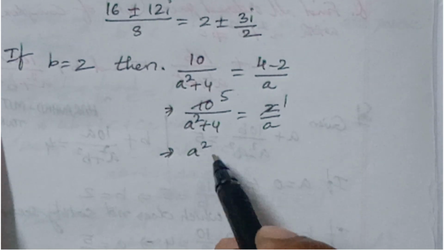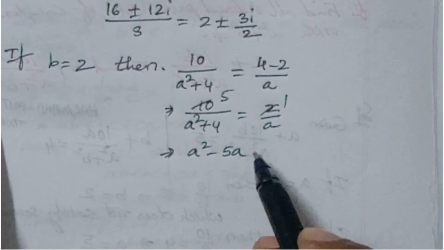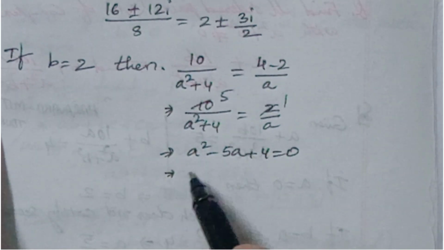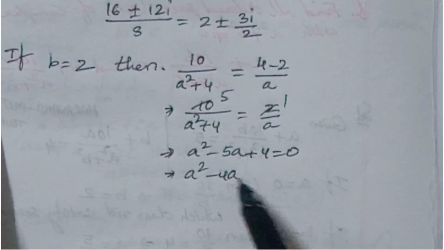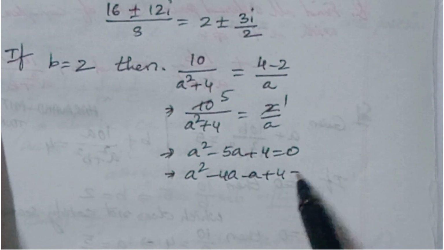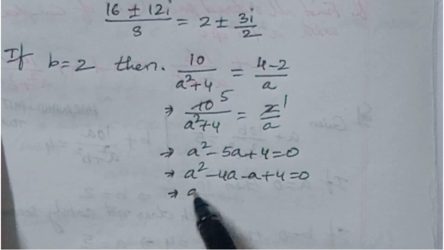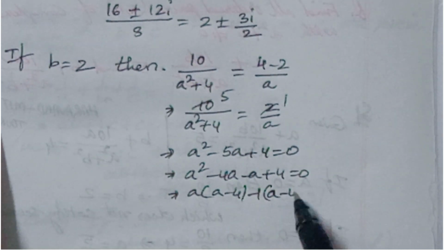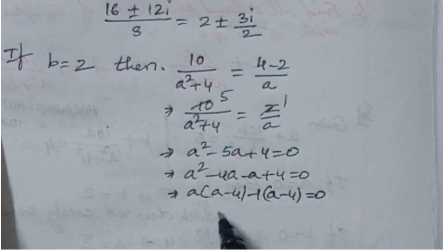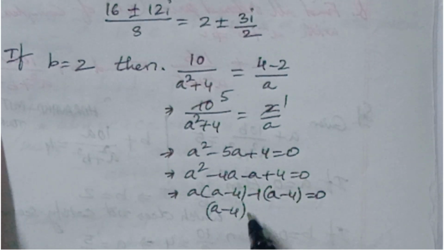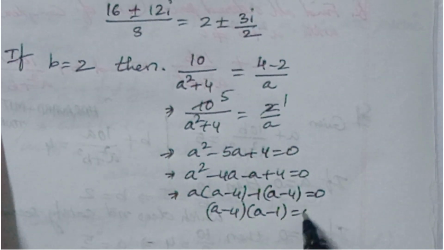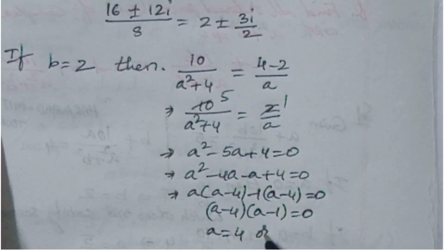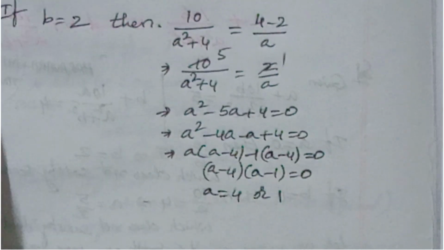Here also you'll get a quadratic. a² minus 5a plus 4 equal to 0. So a² minus 4a minus a plus 4 equal to 0. So taking a common, (a minus 4) minus 1 into (a minus 4) equal to 0. (a minus 4) into (a minus 1) equal to 0. a is equal to 4 or 1.